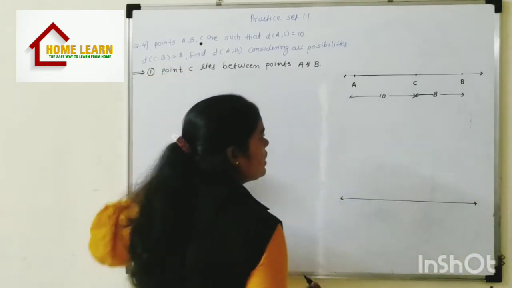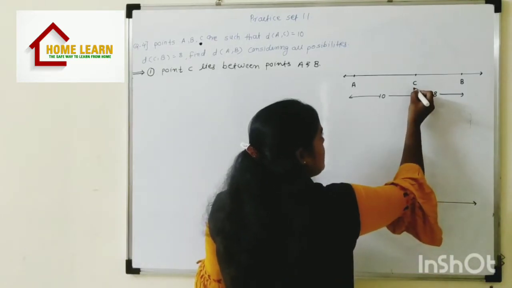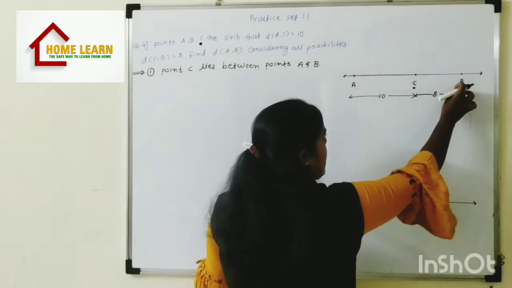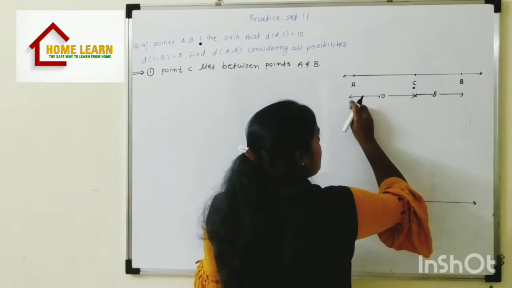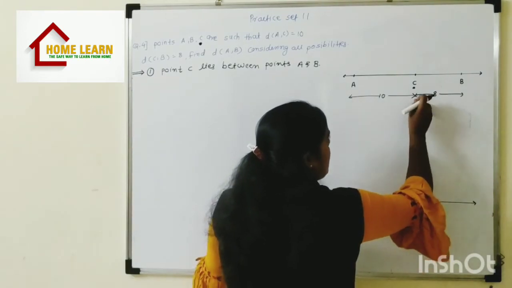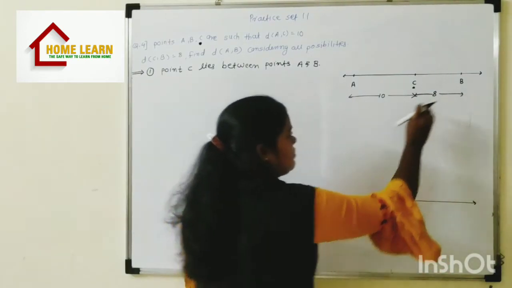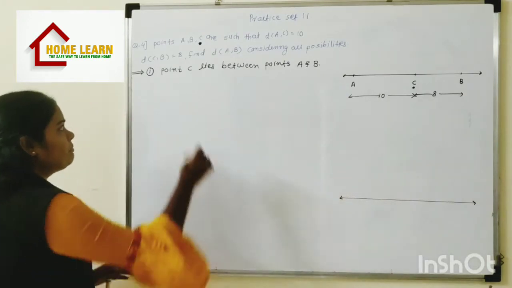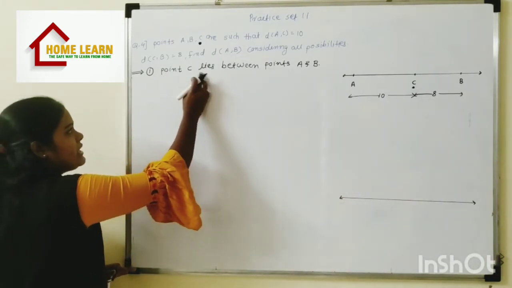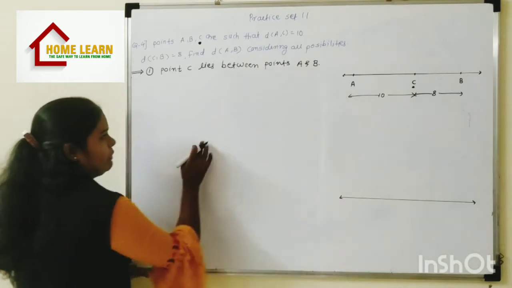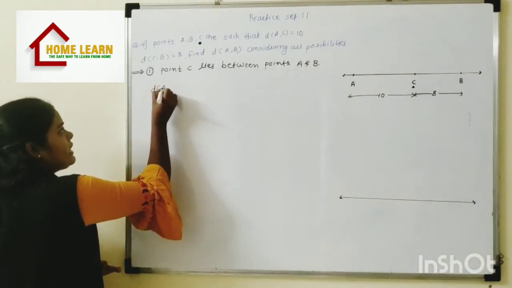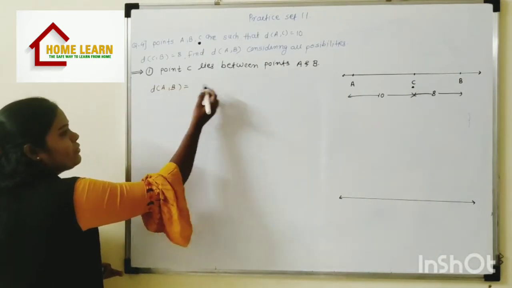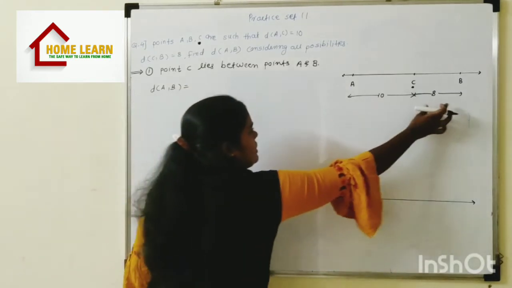Now you can see, if we take point C in between points A and B, the distance of AB is the sum of the distance of AC and the distance of CB.